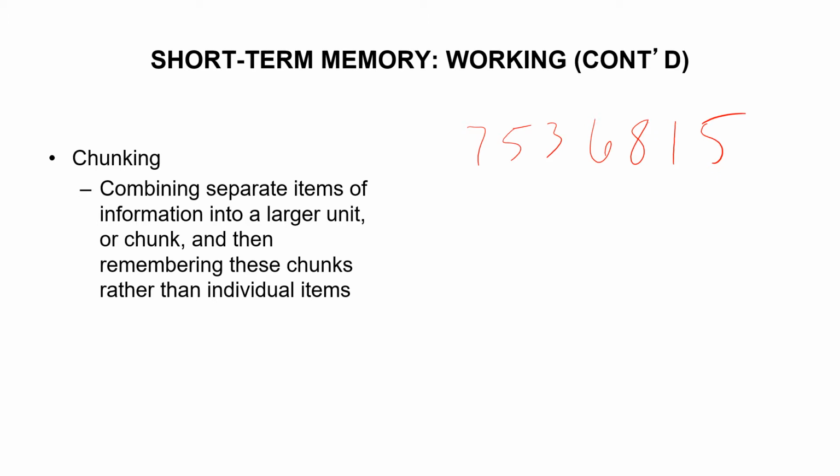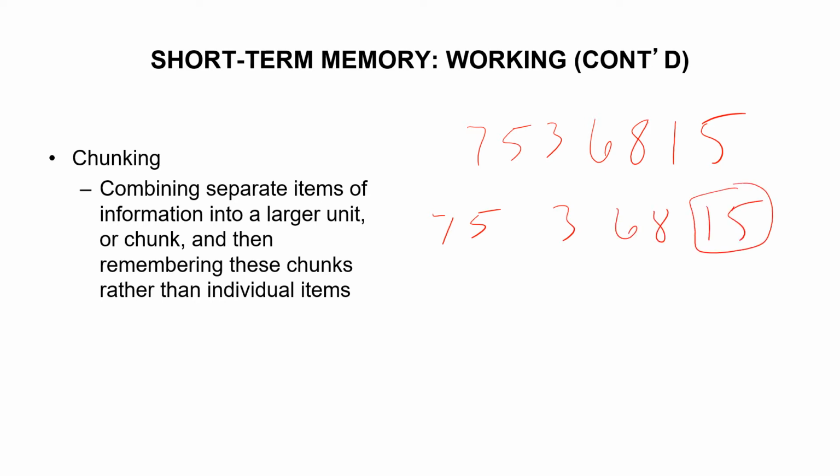You can keep rehearsing it. You can just keep it in your short-term memory by rehearsing, but you've got these 7 pieces of information, 7536815. However, you can also chunk these together. Let's say we instead think 75, 3, 68, 15.